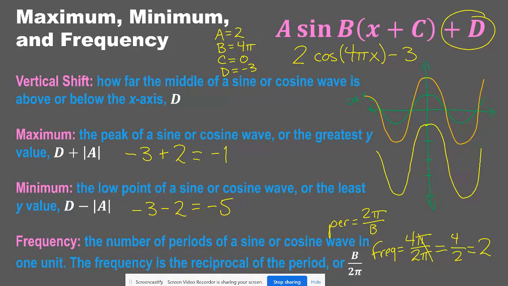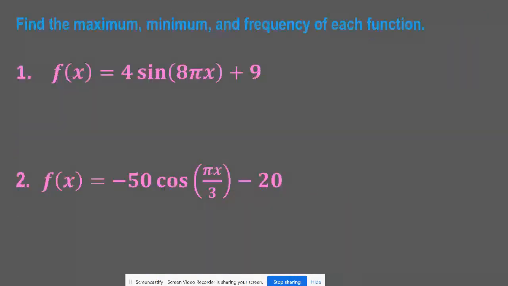So let's do some quick examples, and then we'll do some word problems. So we got two equations here where it says to find the maximum, the minimum, and the frequency. So for number 1, our maximum, we take that vertical shift number, which is the +9, and we're going to add the amplitude, which is 4. And the maximum is going to be 13.